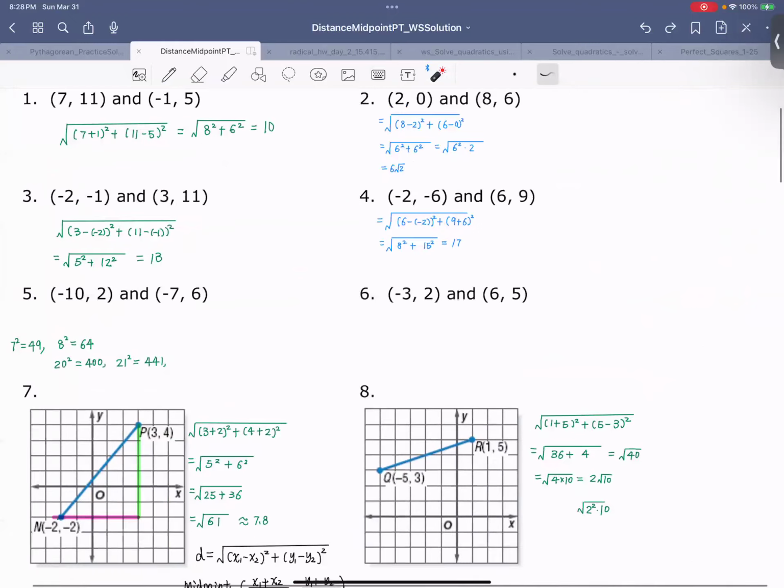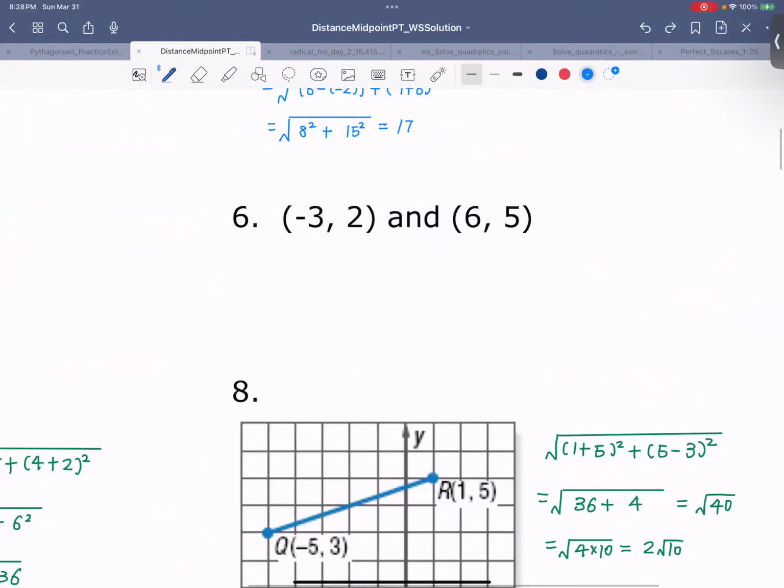Number 6. Emma, go ahead. Let's do this distance. 6 minus, parentheses, minus 3, which is plus 3.